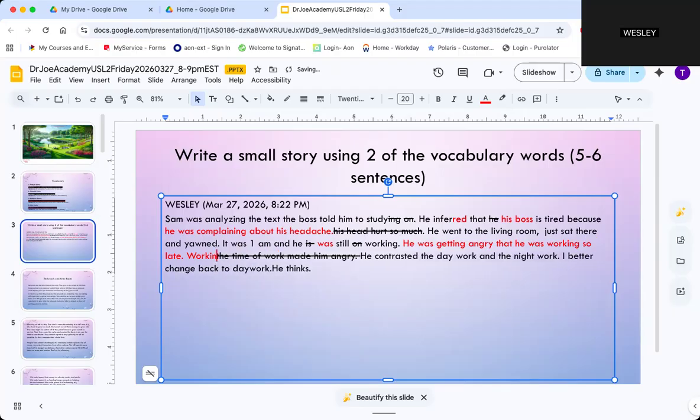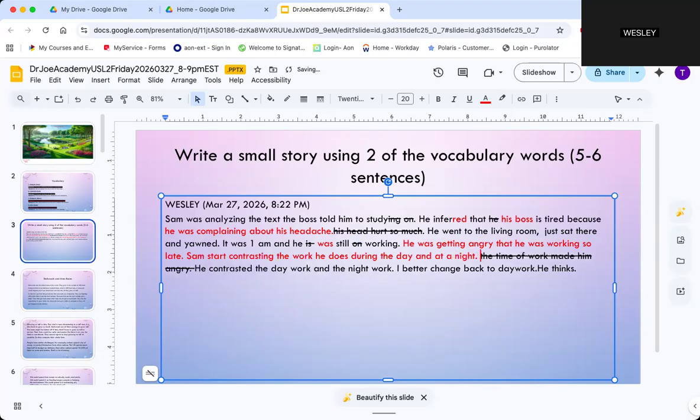Then you can say Sam started contrasting the work he does during the day and at night.